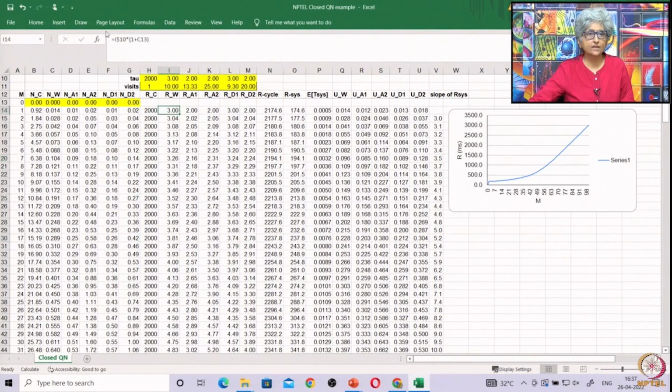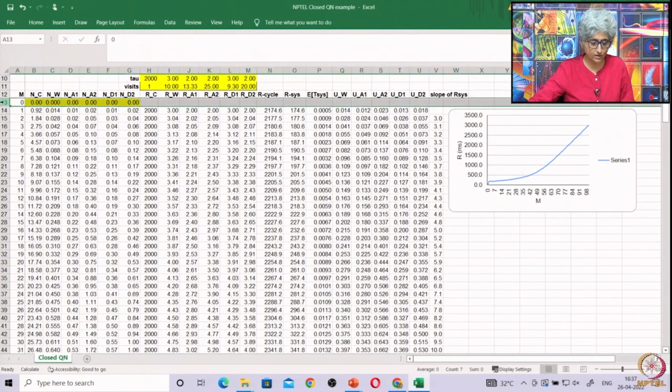This one, the formula shows here, is I10 multiplied by 1 plus C13. What is I10? I10 is the tau, and 1 is whatever needs to be inside the bracket for the Sevcik-Mitrani theorem, plus C13 is going to be the corresponding average number of customers.